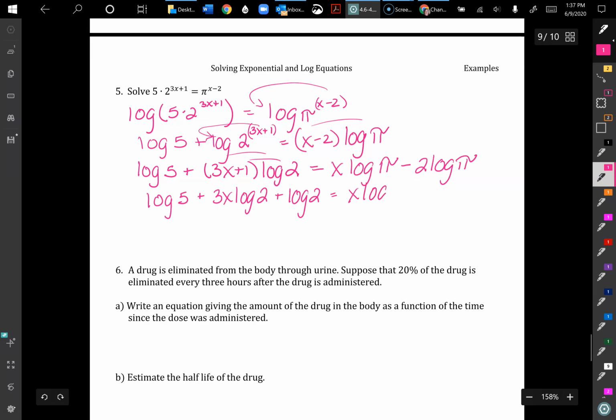I brought this over, equals, I'm going to write it as minus 2 log pi minus log 5, and then also minus that log 2.